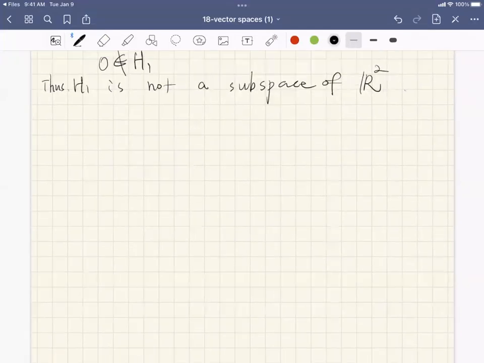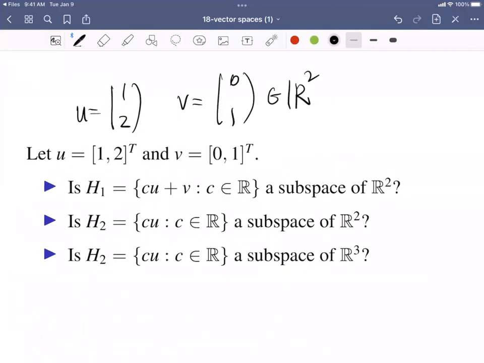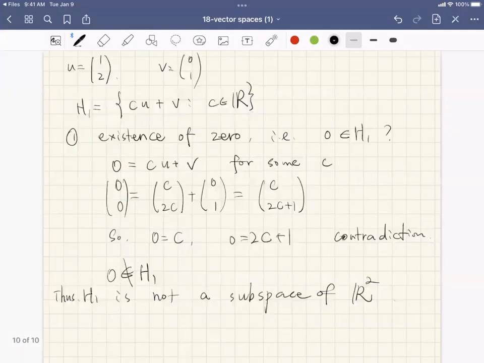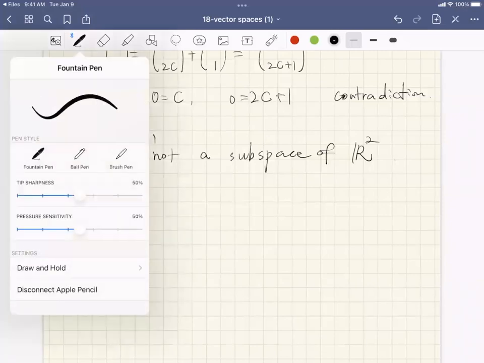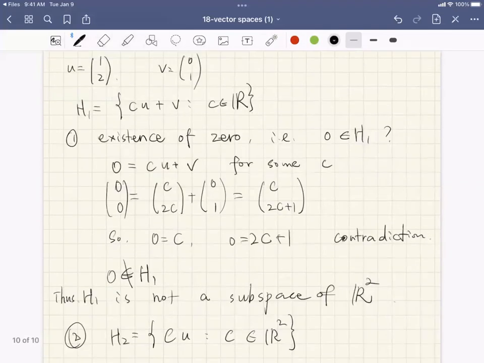The next example is H2, which is given by Cu, and U is given by (1, 2).